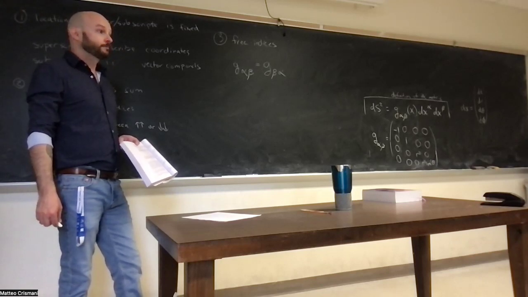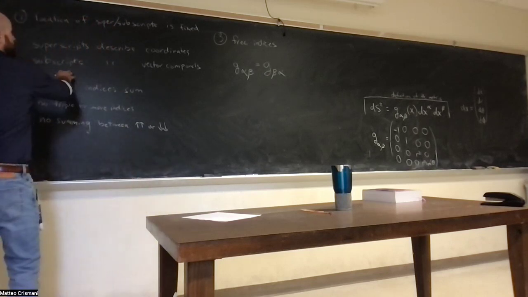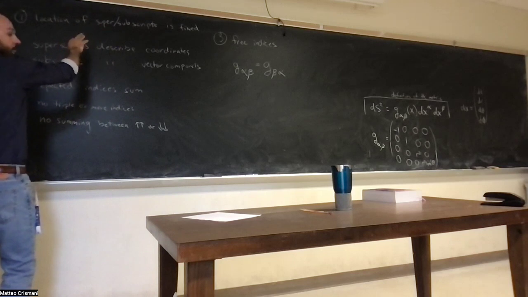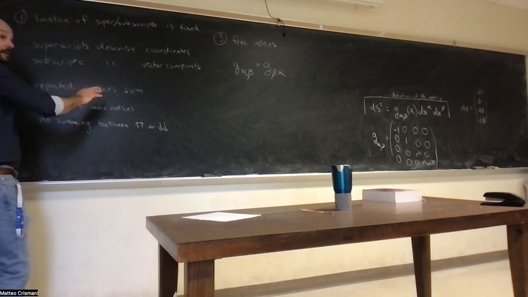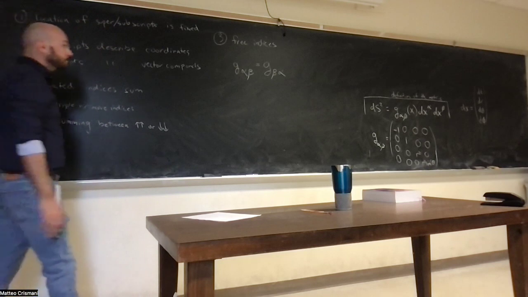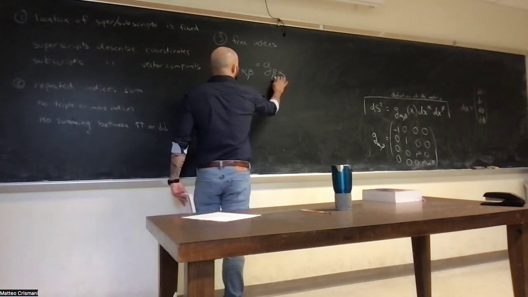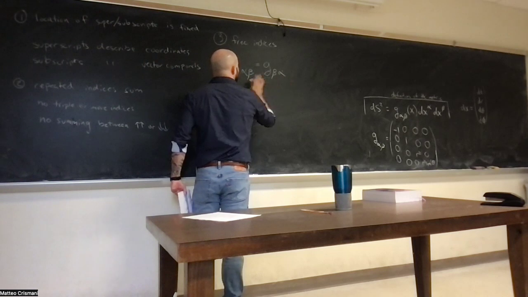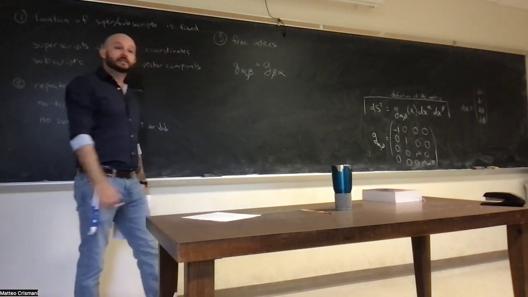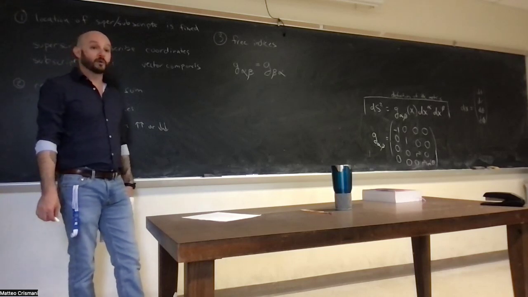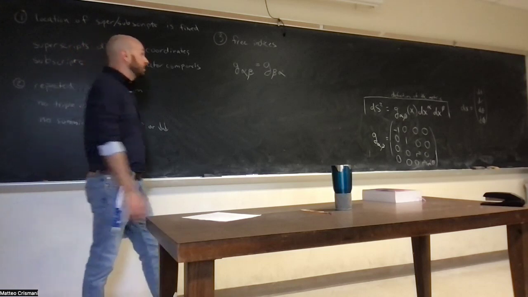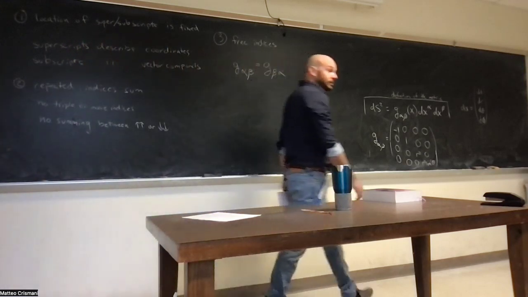Is that okay? It seems fine. So let's look up here. The superscripts and subscripts are in the right position. There aren't repeated indices on the left and right-hand side, so that's good. They're not summing between them. The free indices here are the same, so I have the same number of alphas on both sides and the same number of betas on both sides. And that's the only thing about number 3. So both of these have free indices of alpha and beta on both sides, and therefore it's an equality. What this equality means is that the metric is symmetric.